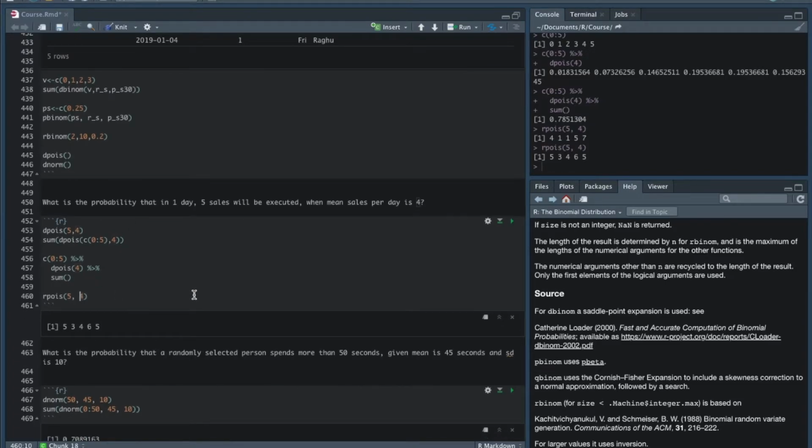Coming now to the normal distribution. Just like dbinom and dpois, we have dnorm.